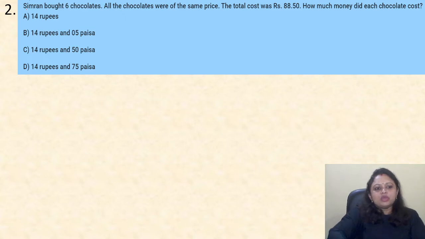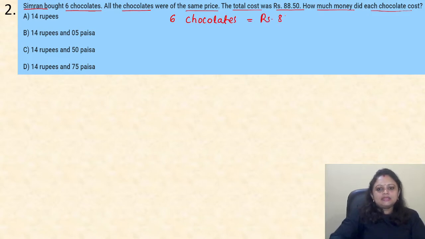So as per the question, Simran bought 6 chocolates and all the chocolates were of the same price. The total cost was rupees 88.50 paisa. And we have to find how much money each chocolate cost. So the cost of 6 chocolates is rupees 88.50 paisa.